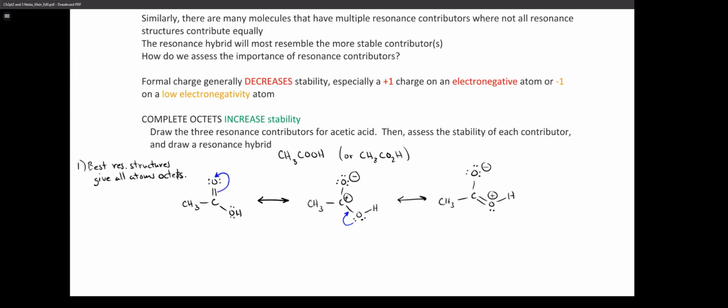Do any of these structures not have complete octets on their atoms? The middle one. All the other ones, all the atoms have complete octets. So this is the least important, or the least contributing, because no octet on carbon.